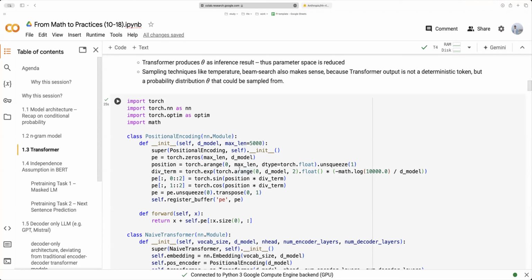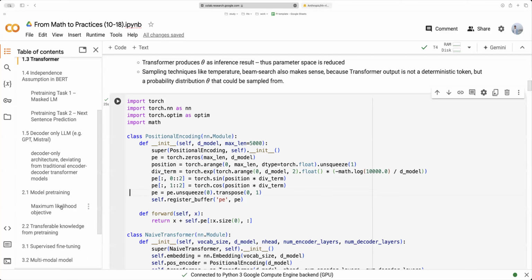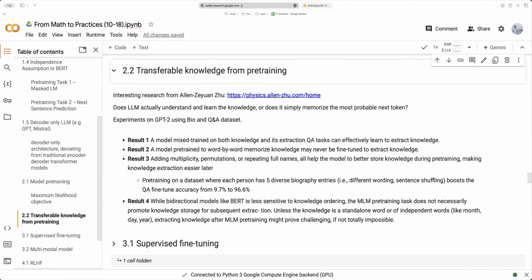Okay, great. Thank you. And then the second part of my question was when you spoke about the example with persons' biographies and the ability of the model to retain knowledge if the same biography was presented with different wording, I guess, the same information presented in different ways, essentially. Now, the study that you mentioned was purely for training.